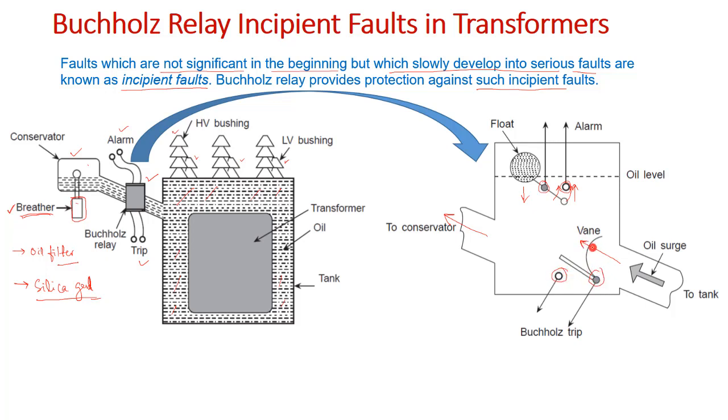When the vane moves, this contact will go this side and short both the contacts of the Buchholz trip circuit, and in that way it will trip the circuit. So it indicates a fault which is making the local hotspot.